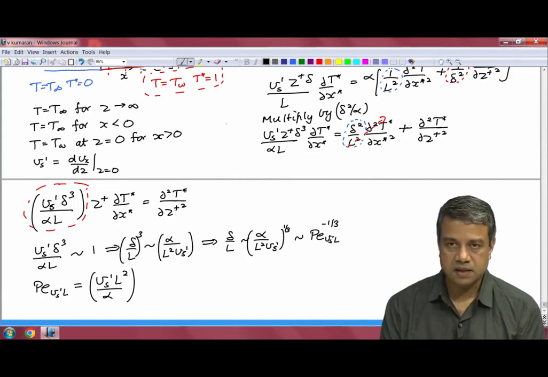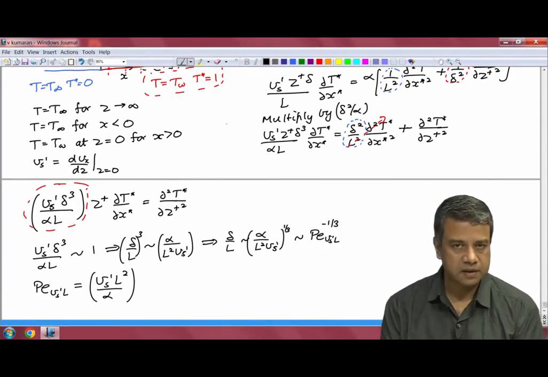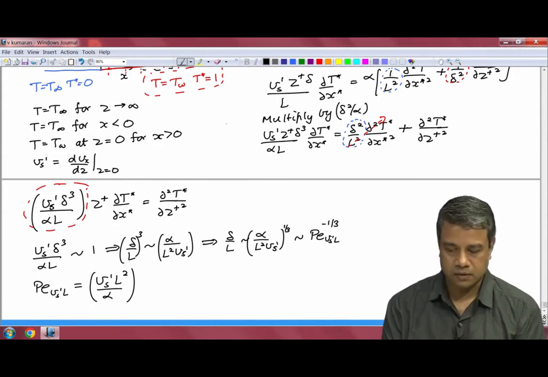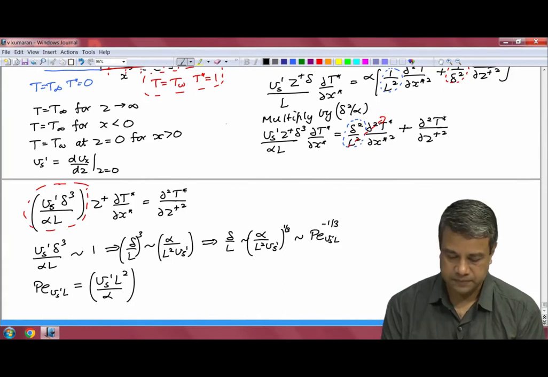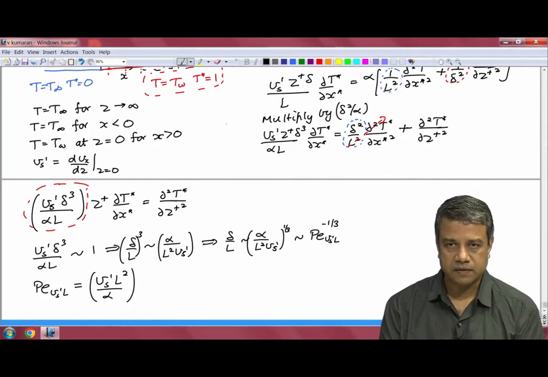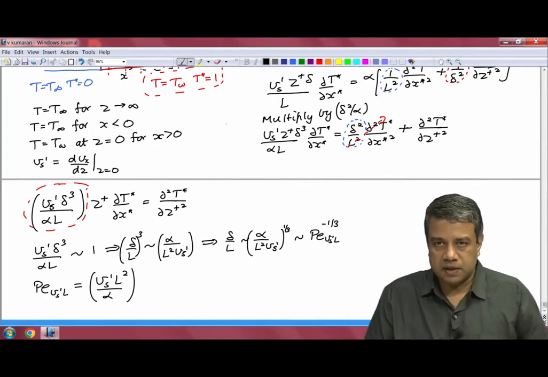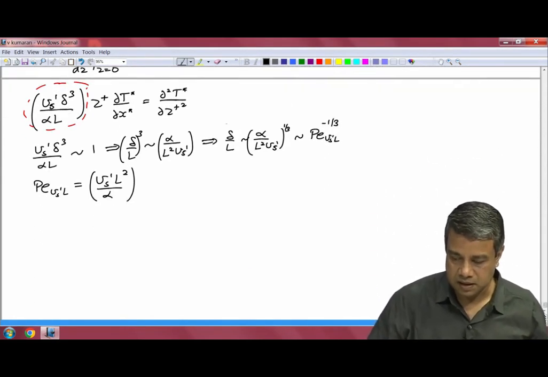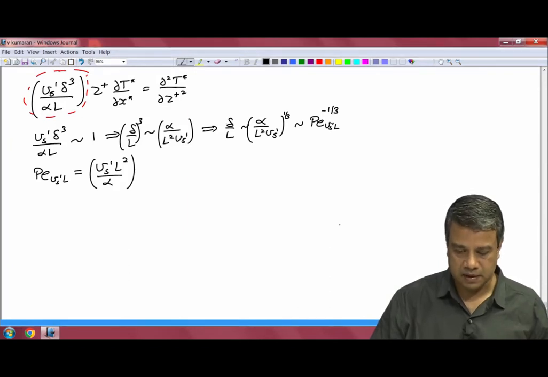The thickness decreases, the Peclet number increases in such a way that convection and diffusion continue to be of equal magnitude within this layer in the limit as the Peclet number goes to infinity. So, that gives you that the boundary layer thickness has to scale as P power minus 1/3 in the limit as P goes to infinity, where this Peclet number is based upon the strain rate and the length of the plate.